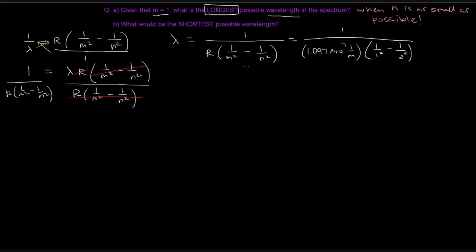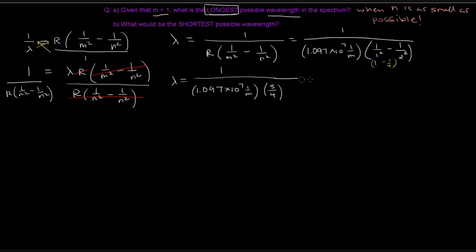So I have 1 minus 1 over 2 squared, which is 4. So I'll have 1 over this constant, 1.097 times 10 to the 7th, 1 over meters. And then this is going to basically be 1 minus 1/4, right? Which is just 3/4. Okay.